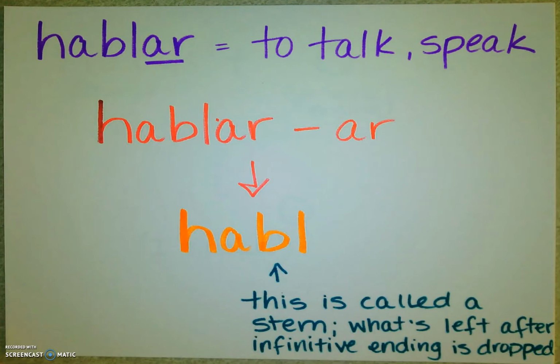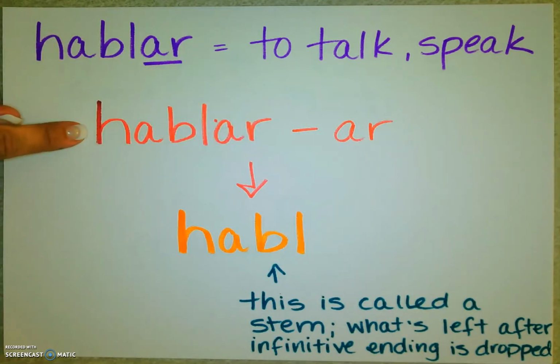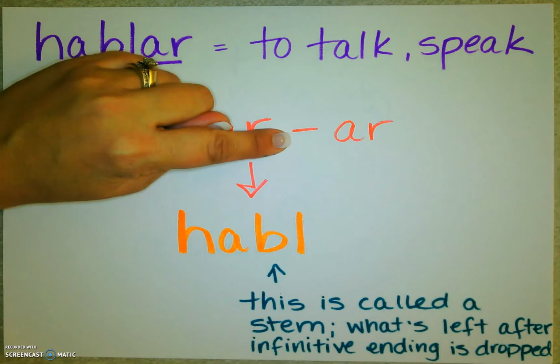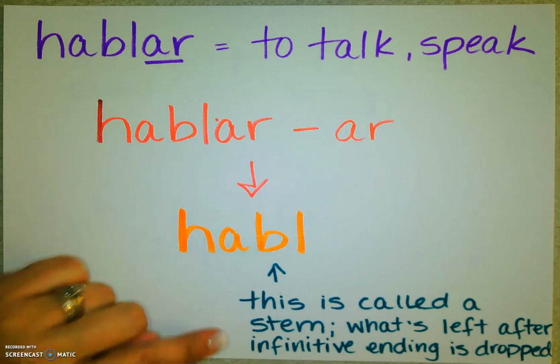In order to conjugate a verb in Español, we take our infinitive verb and remove the infinitive ending. In this case, we take hablar and we subtract off the AR, leaving us with habl. Habl is what's called a stem.